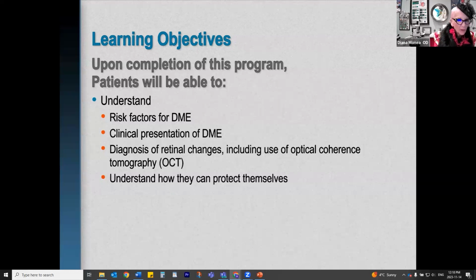And then finally, what can we do to protect ourselves so that we don't lose our vision, one of the most, if not the most important sense, particularly throughout lifetime, that so defines your quality of life.